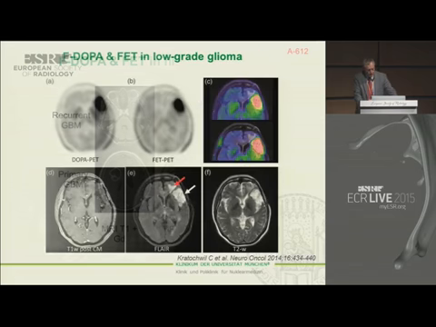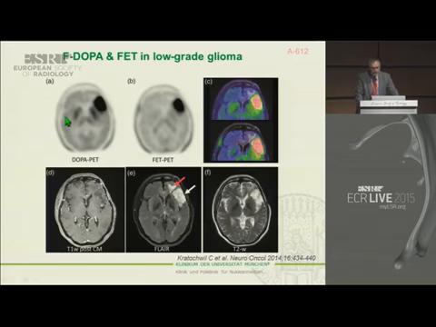You have also an additional problem, since fluorodopa is the precursor of dopamine and a surrogate marker for the dopamine storage capacity. You have physiologically a high uptake in the striatum, and this might hinder an exact delineation of the viable tumor if this is located adjacent to the striatum.